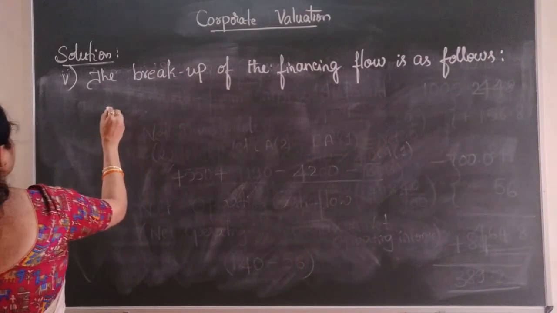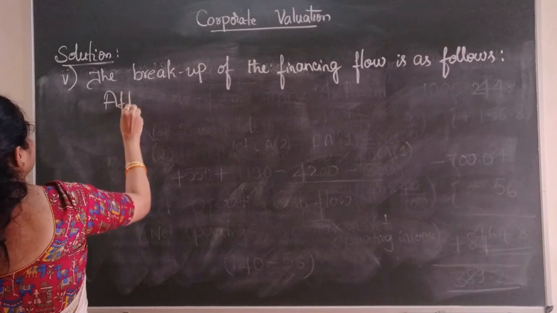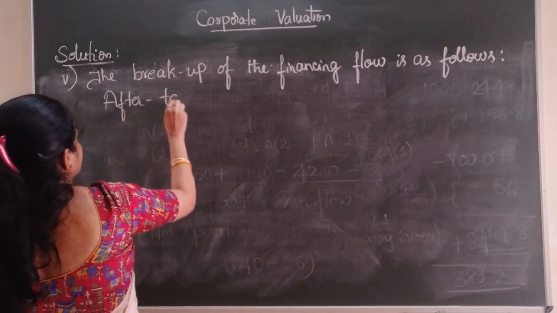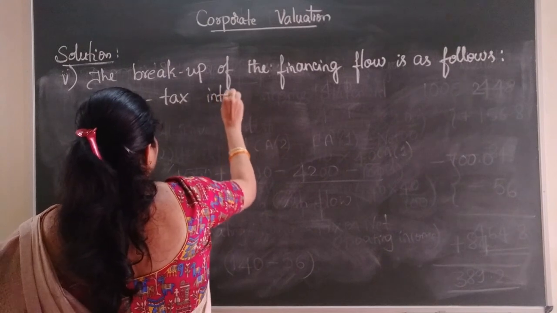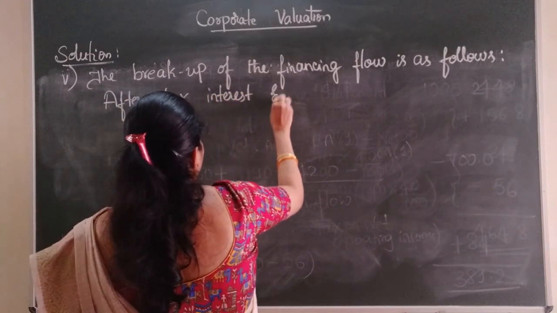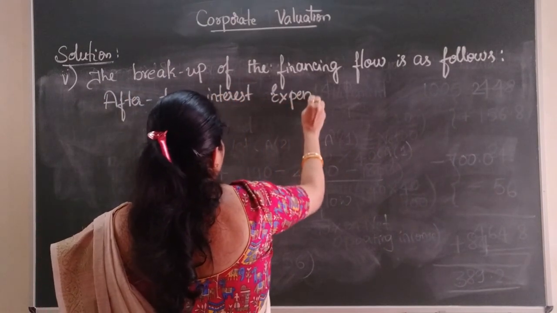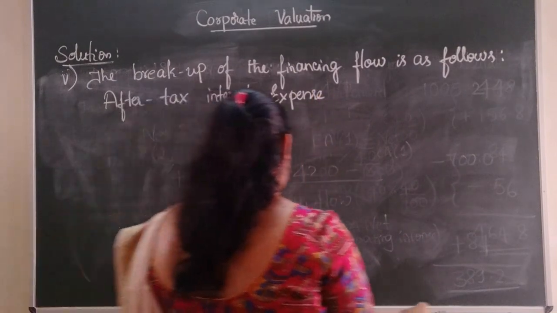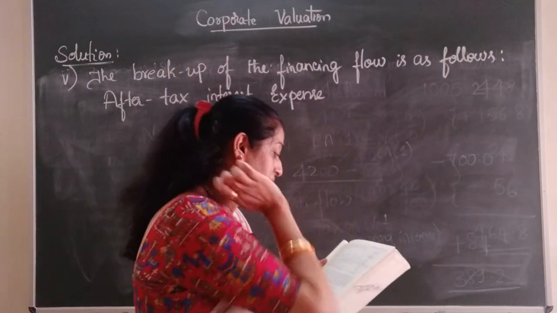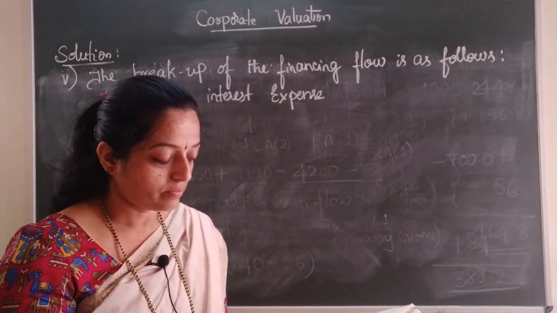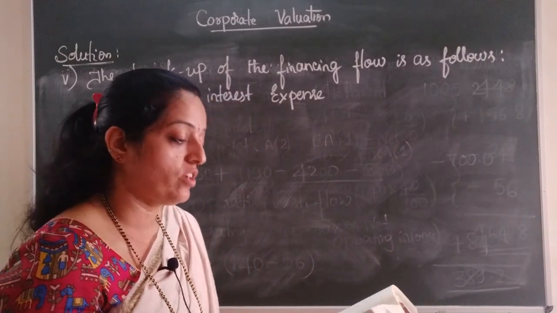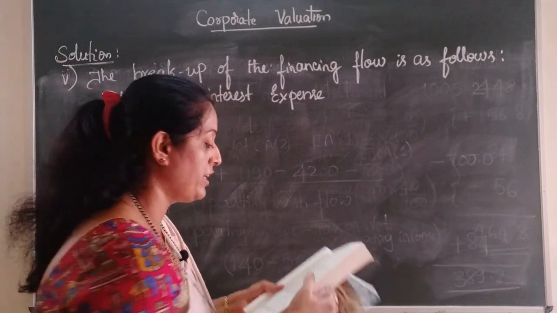After tax interest expense: interest expense is 392, minus tax on interest expense, which is 156.8.